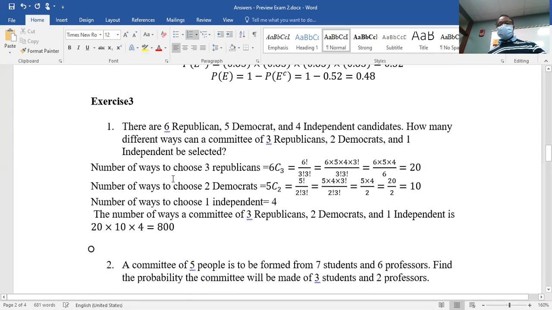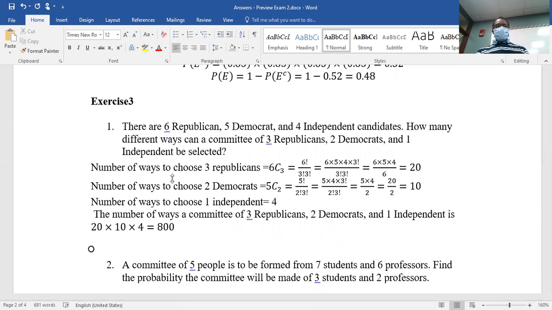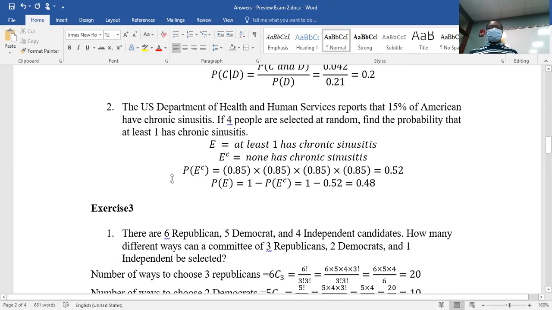Exercise 3. Yes. So on that last one, they said at least one person has chronic sinusitis, so the complement is none. If it was at least 2? If it is at least 2, it will be a little bit more work.